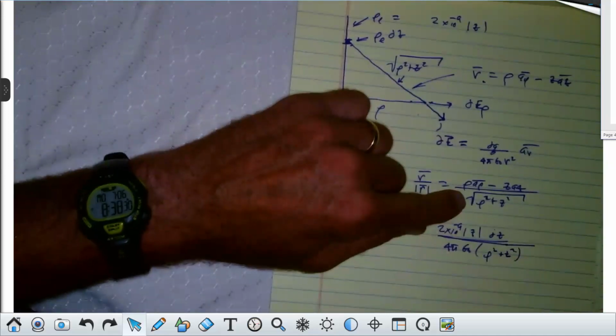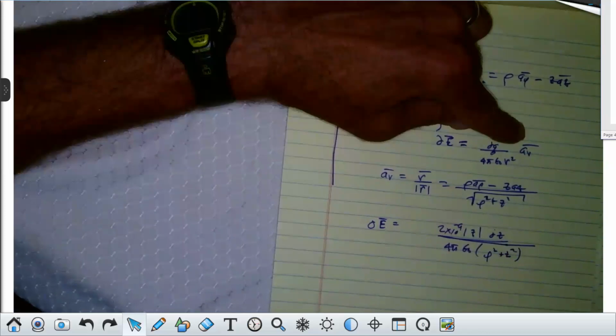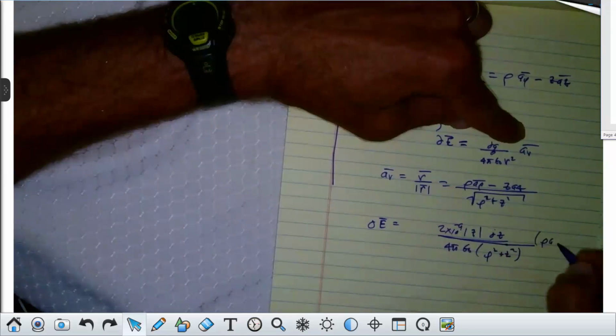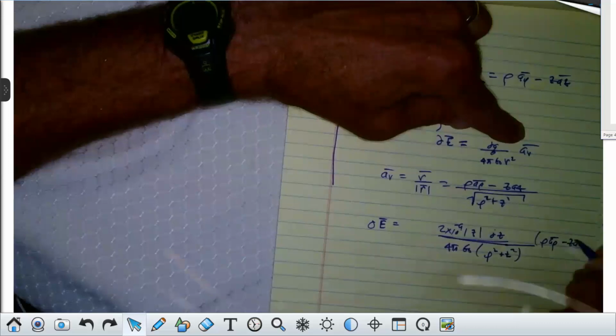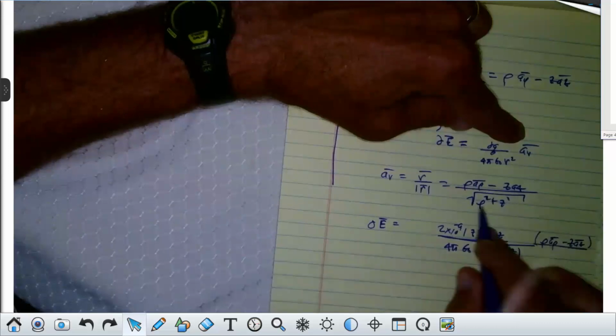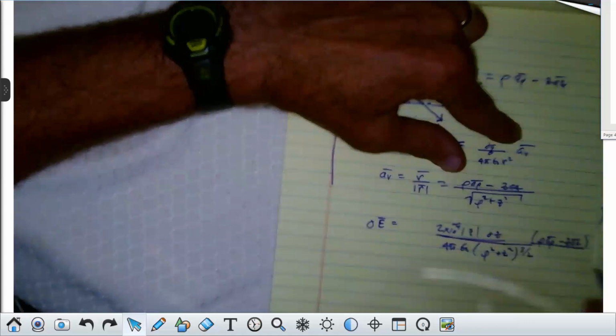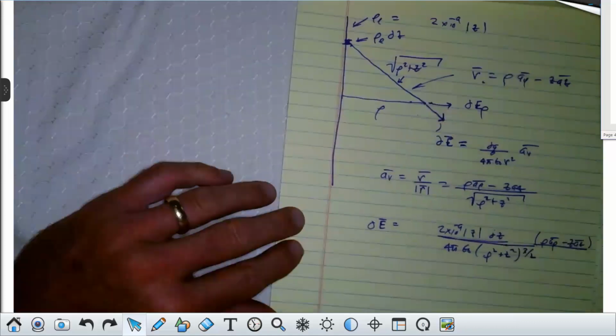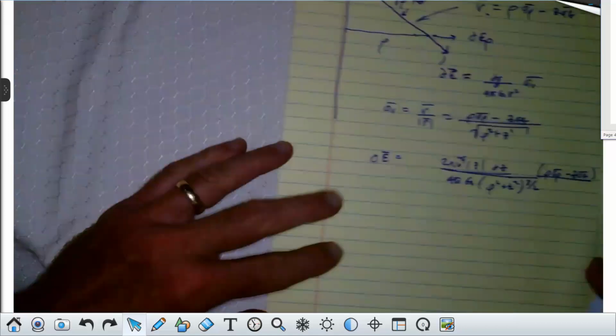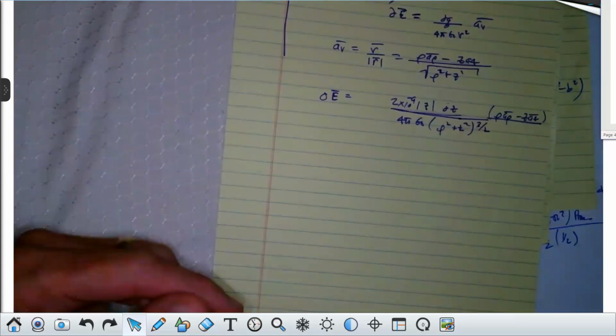Agree with me there? That's just r squared. And now I have to take it and multiply by a_R, or I have rho a_rho minus z a_z here. And then I have to divide by the square root of this, which means that's the 3/2 power. Do you all agree so far? That's just setting up the kernel of integration. Correct, class? Everybody? I'm just putting the pieces together.